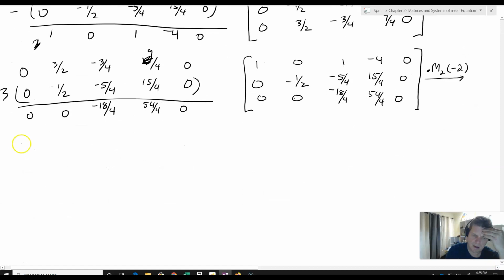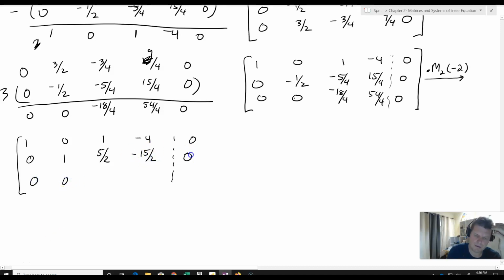That now gives me 1, 0, 1, -4, 0, then 0, 1, -5, so -10/4, which is actually 5/2, then 15/4, so that's -30/4, or it's 15/2, so it would be -15/2. Then 0, 0, -18/4, 54/4, 0. All right.